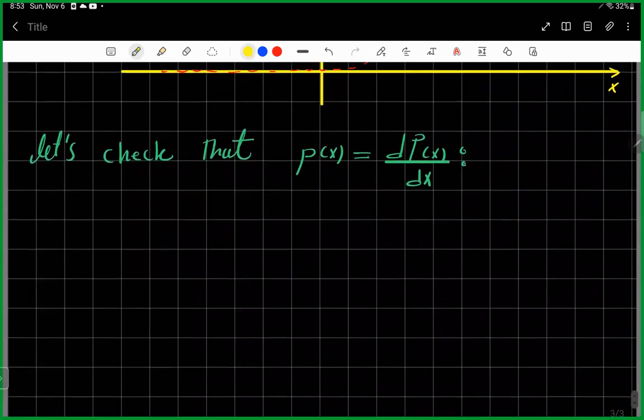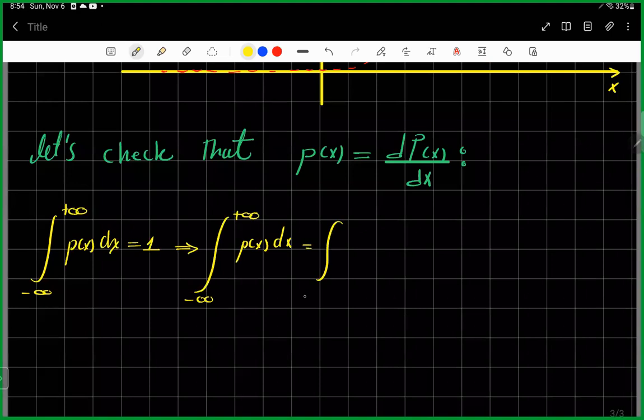So can we do this? Let me consider, we know that the integral of the probability density P of x dx must be equal to 1. Okay, so the integral from minus infinity to plus infinity of P of x dx should be equal to the integral from minus infinity to plus infinity of the derivative of the cumulative P of x dx.